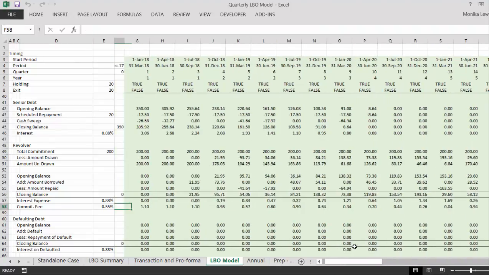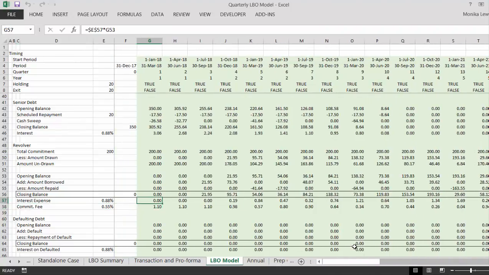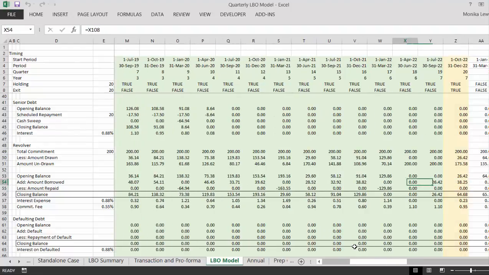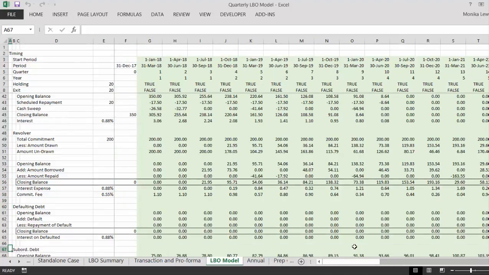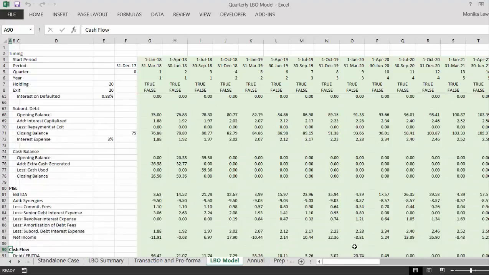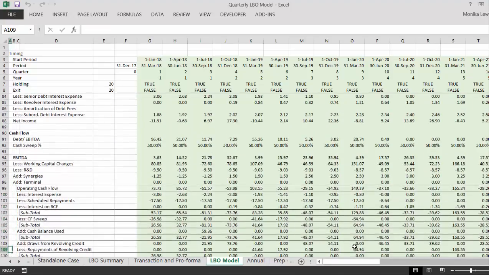I was wondering if we have to put a little switch on that commitment fee. I don't think we have to. So the amount borrowed is when we have negative cash flow, and the amount repaid is when we have positive cash flow. So let's go and look at that one.